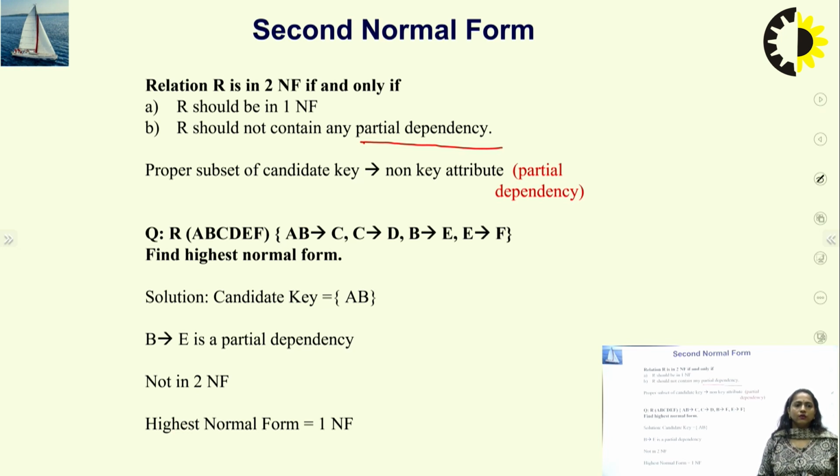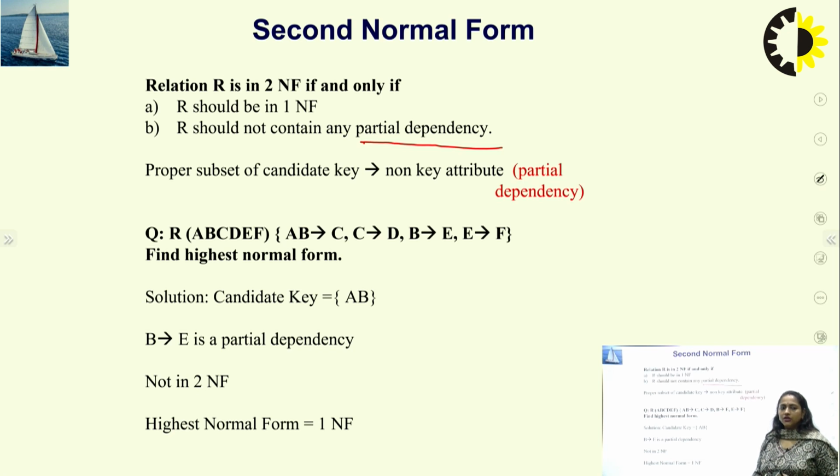So let's take this example and try to find out the highest normal form for this relation schema. We have the relational schema A, B, C, D, E, F. These are the attributes.